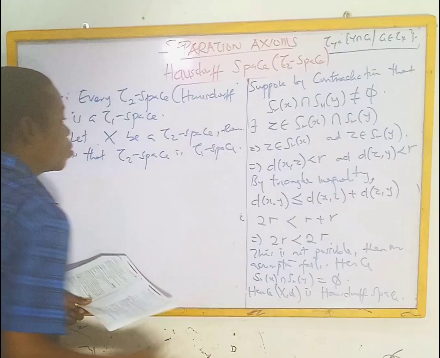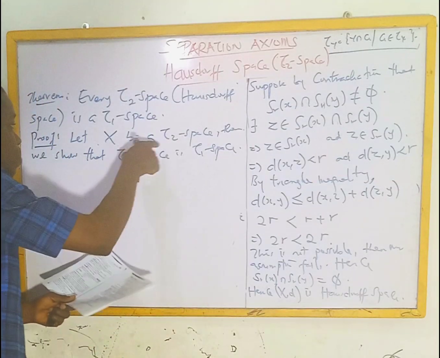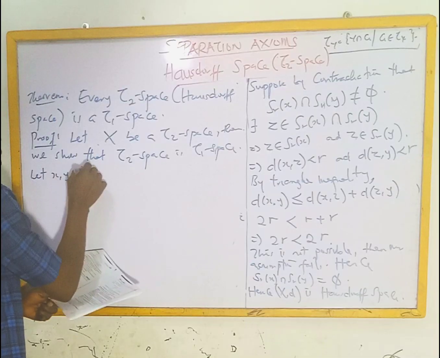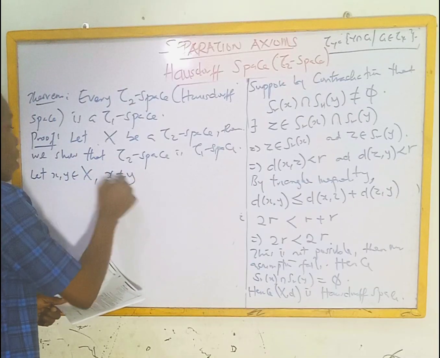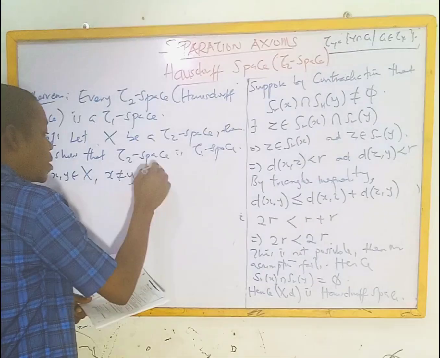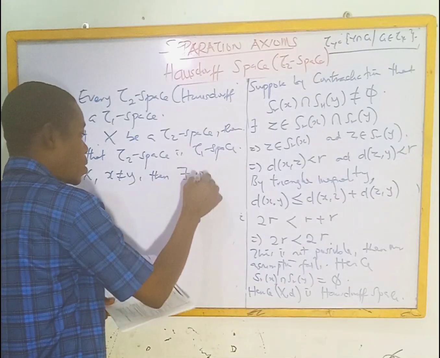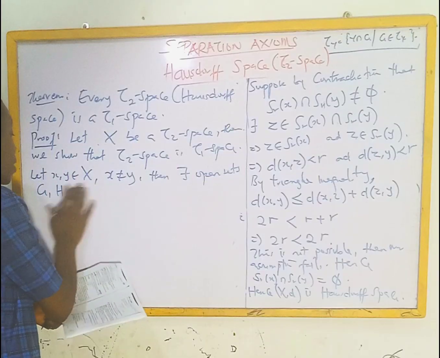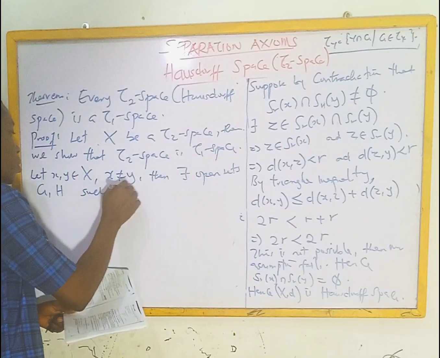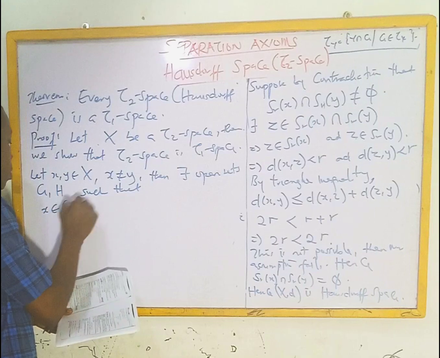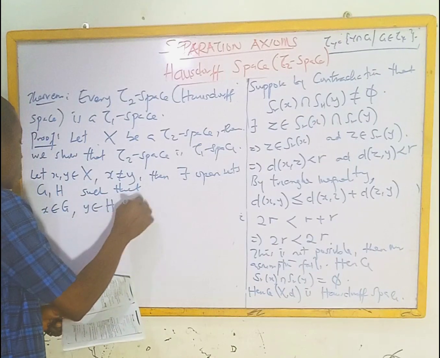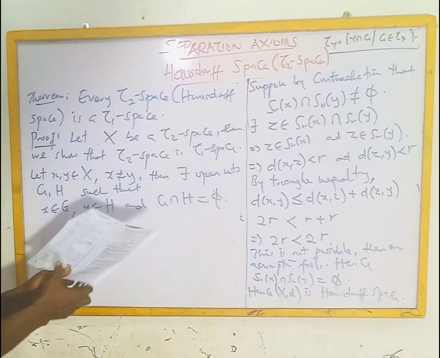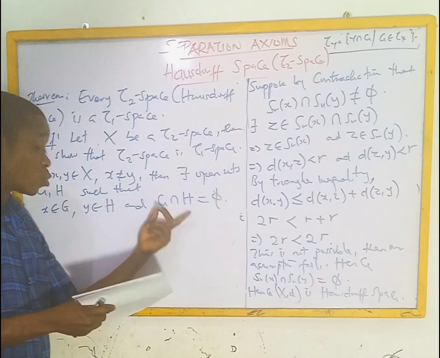Since X is a Hausdorff space, let x, y be in X such that x is not equal to y. Then there exist open sets G and H such that x is in G, y is in H, and G intersection H is empty. That is the definition for a Hausdorff space or tau 2 space.